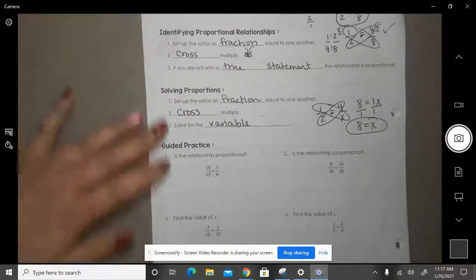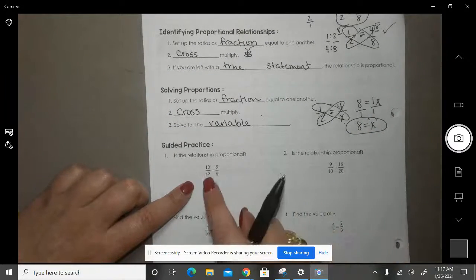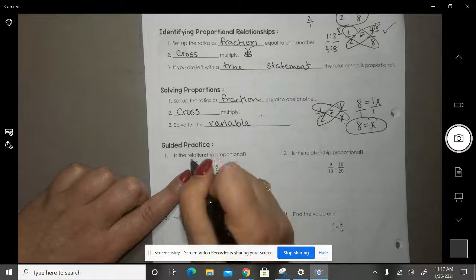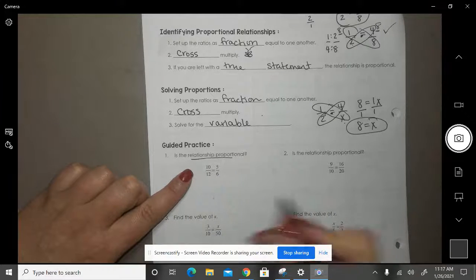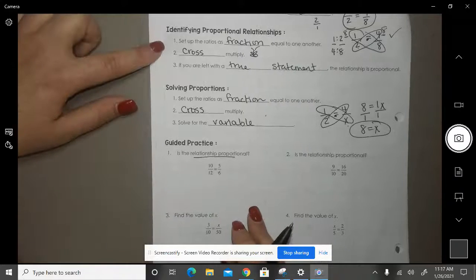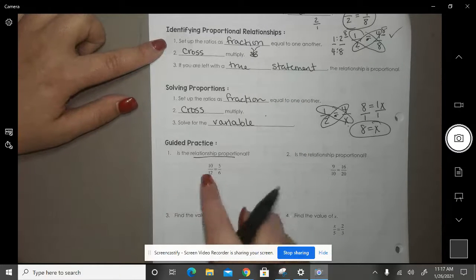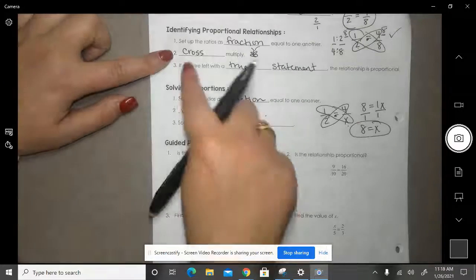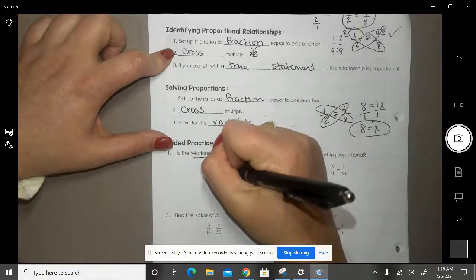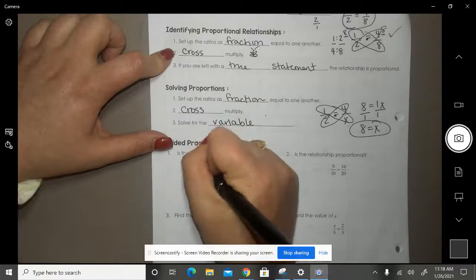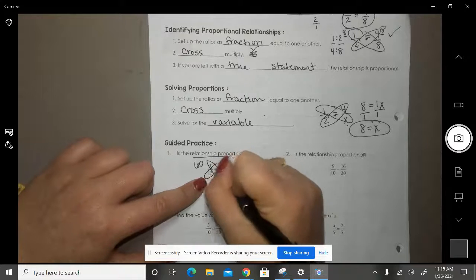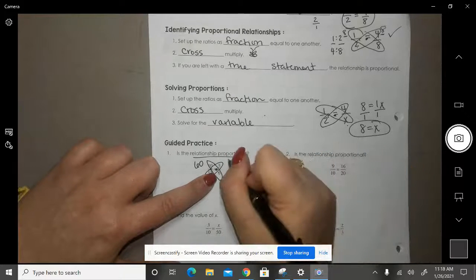So for example, we've got 2 examples here of determining whether a relationship is proportional or not. So to do that, if I come back up here, I know that my first step is to make them as a fraction, and then I'm going to cross multiply. So 10 times 6 is 60, and then 12 times 5 is also 60.